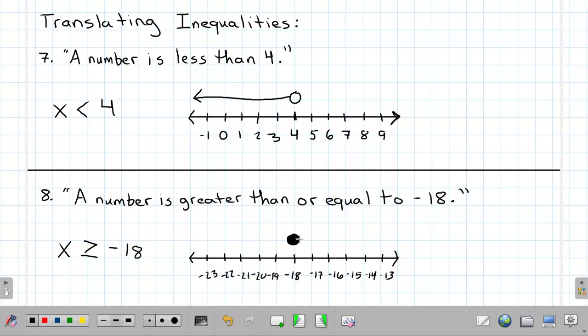And we want the numbers that are bigger than -18, and those are all found to the right. Okay. So those are two very basic examples where literally if you read it, it tells you what symbol to use. A number is less than 4. A number is greater than or equal to negative 18.